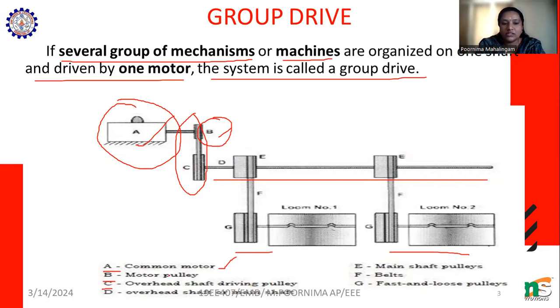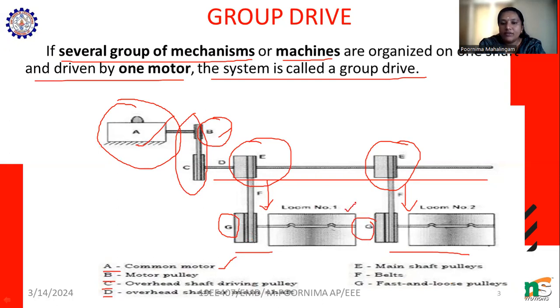Finally, D represents the overhead shaft motor connector. E is the main shaft pulley. F is the belts, which are connected with the pulley. G is the fast and loose pulley.